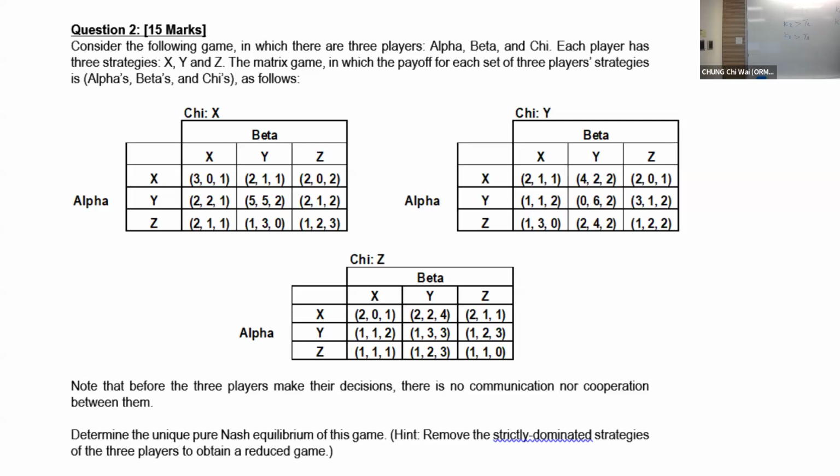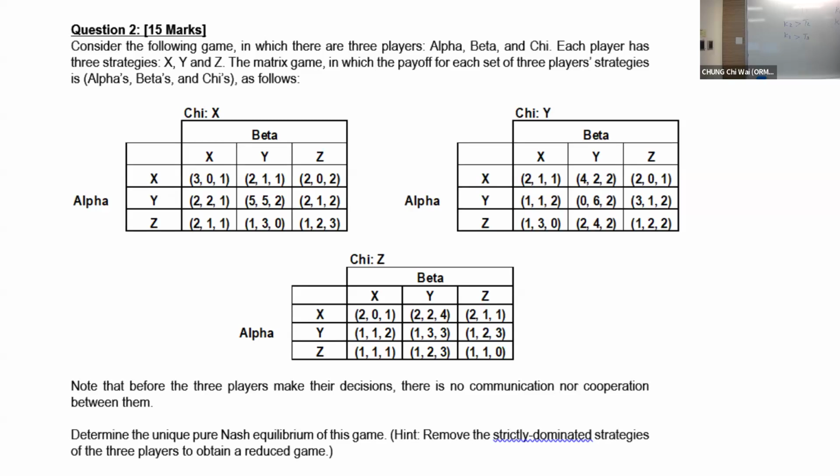So in each cell, you can find three numbers. The first one represents the payoff of alpha. The second number represents the payoff of beta. The third one is the payoff of pi.